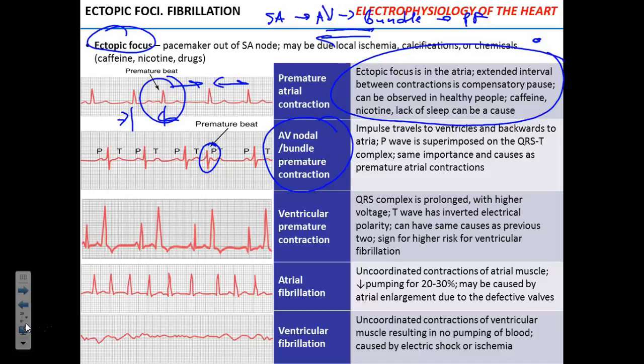Does that make sense? Because if you deal with premature contraction of atria, it is not going to affect the blood pumping that much. Unlike premature contraction of the ventricles. Okay. So you have T wave that has inverted polarity.